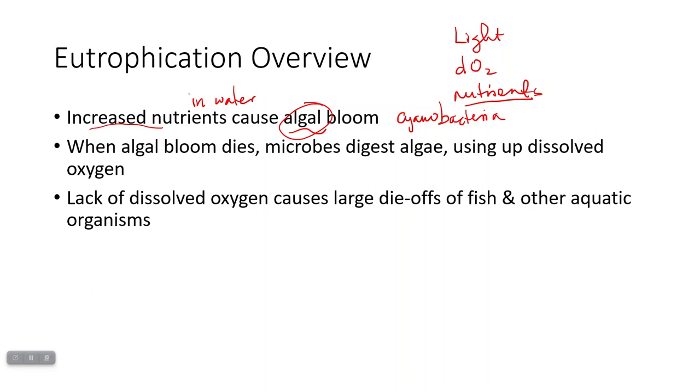And then once the algae use up the nutrients, they tend to die because they no longer have that limiting factor of nutrients. So then decomposing bacteria, other microbes, any decomposers in the area digest those dead algae. And that uses up dissolved oxygen.